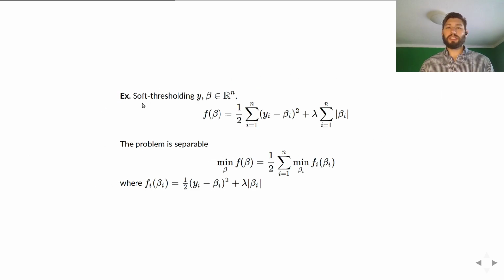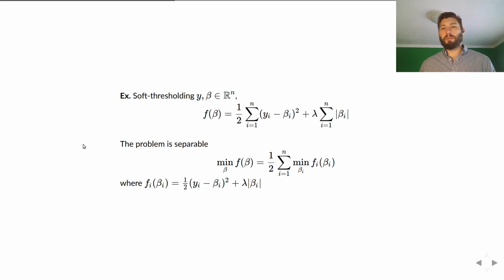The reason you would use soft thresholding is if you want a smooth nonlinear operator that sends your y's to 0, but it happens to be the thing that minimizes this objective, right? It sends the y's that are small to 0. And we'll see this is commonly used in wavelet methods, and we'll see an example of that in a minute.